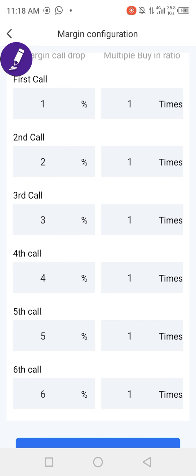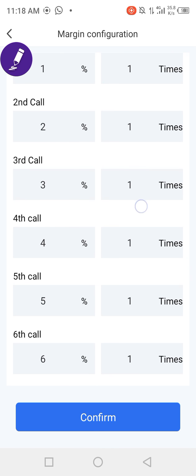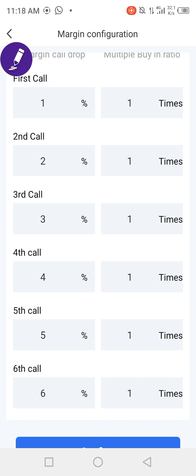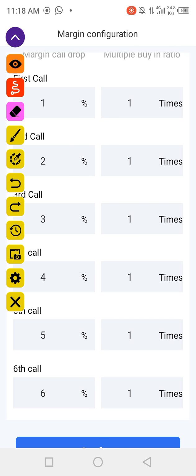You should know that this particular setting, as it is now, will not call for purchase faster. It will wait for the coin to drop 1% for it to call. From 1%, it will wait for the coin to drop 2% for it to call.